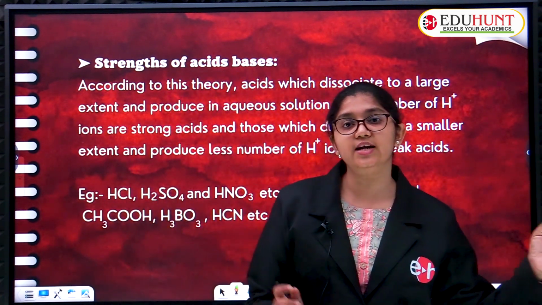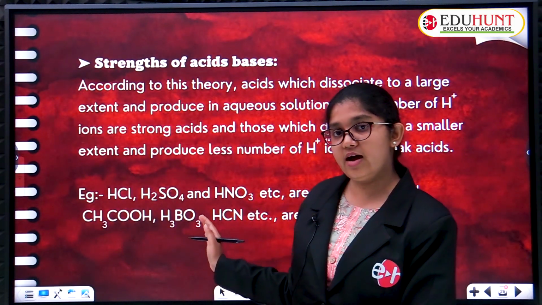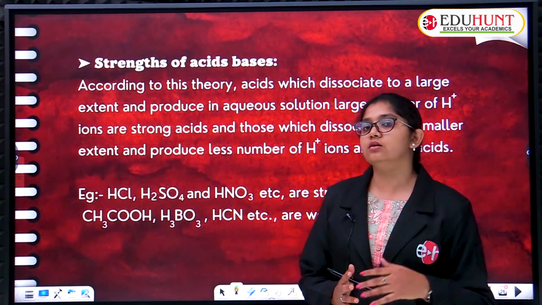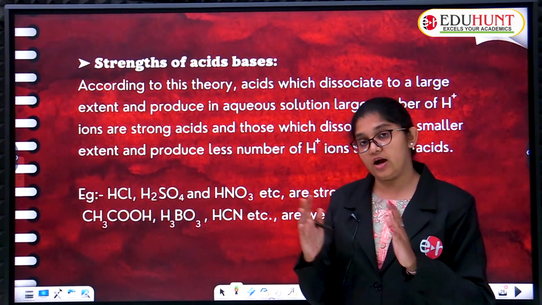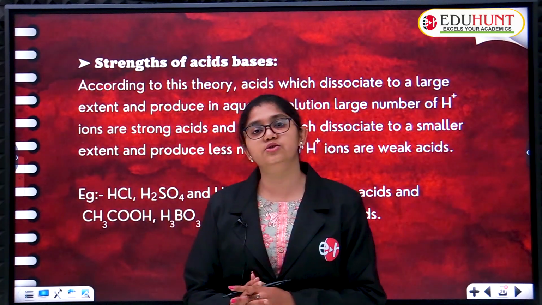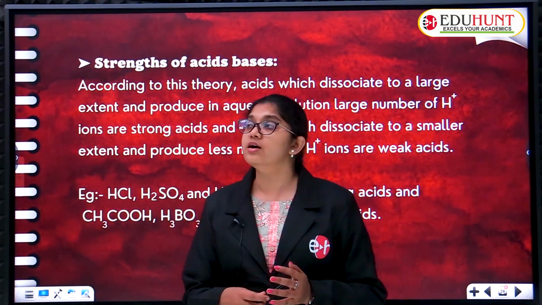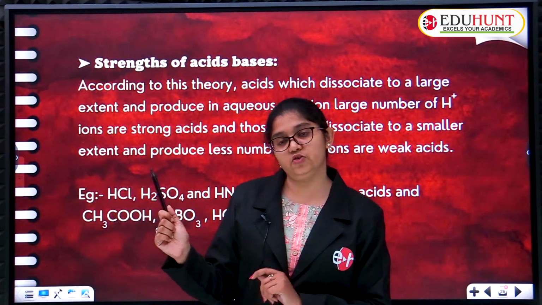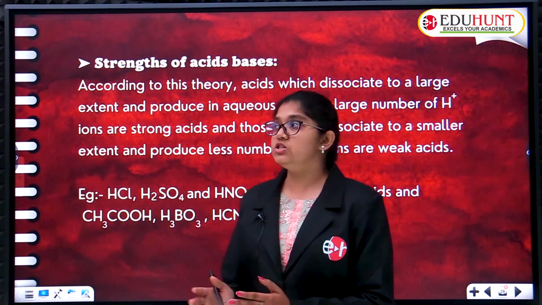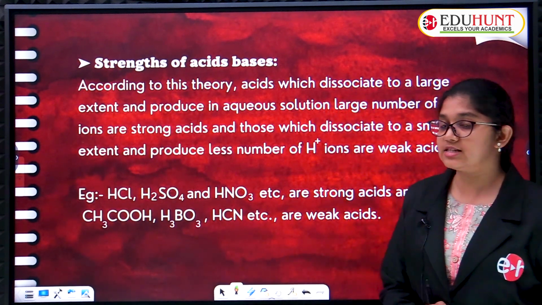There we discussed strong bases and weak bases, based on the liberation of OH minus hydroxyl ions, the degree of dissociation, and high and low concentration. That theory is again included in Arrhenius theory, so let's see what it says about the strengths of acids and bases.